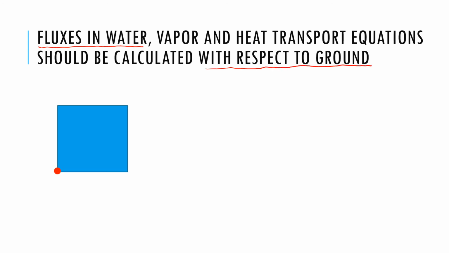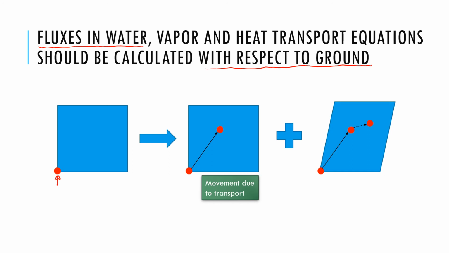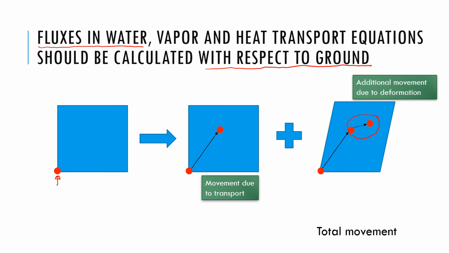So we can think of a fluid that moves inside the solid, and this is just due to transport, but the solid simultaneously is deforming, and so the fluid will also move due to that deformation. So this additional movement would be due to deformation, and the total movement we can think of as moving due to flow plus the solid structure itself is moving.